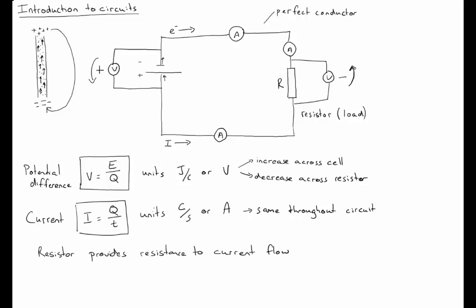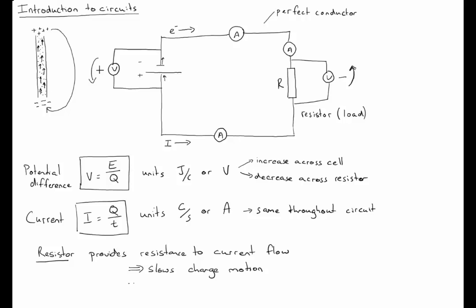And that resistor provides resistance basically by the nature of the material that's there. The electrons that are flowing might bump into things more often. So it basically slows everything down by way of collisions with the material that makes up the resistor.